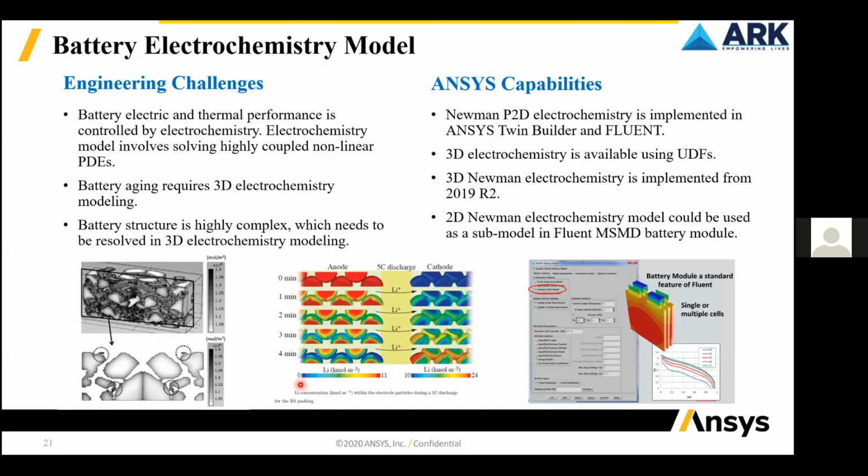Then 3D Newman's electrochemistry is implemented from the 2019 R2 version of ANSYS. Then 2D Newman electrochemistry models could be used as sub models in Fluent's MSMD, that is multi-scale, multi-dimensional models, and that can be used over here for the battery model.